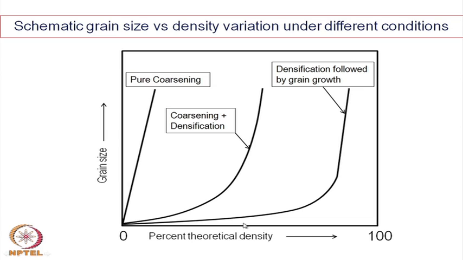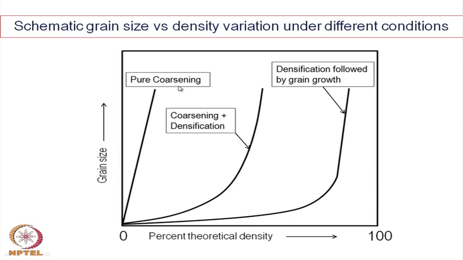The other extreme is on this side, where the densification initially proceeds without much change of grain size, and then towards the end, very close to 100% theoretical density, there is a sudden change in grain size. So this is densification followed by grain growth. Initially densification takes place, then the grain growth takes place. Here, without densification, the grain growth takes place.